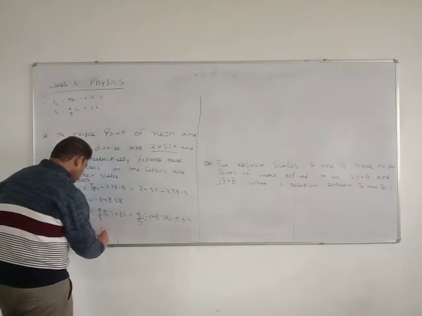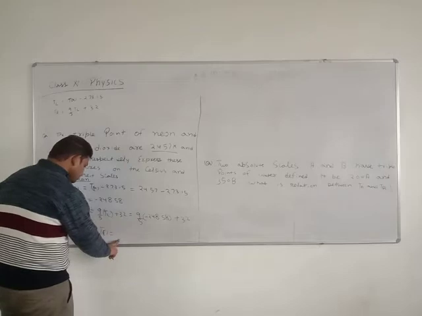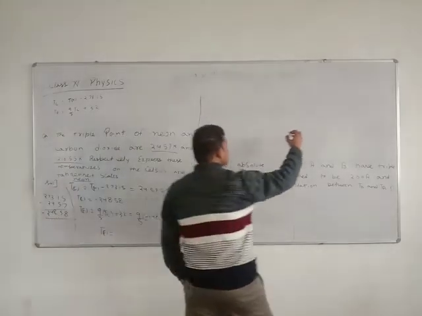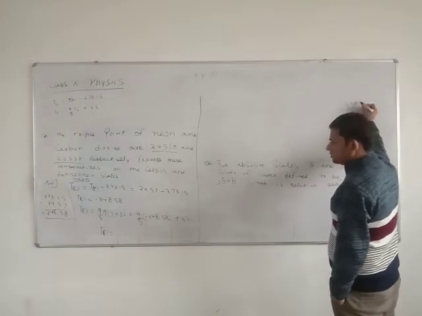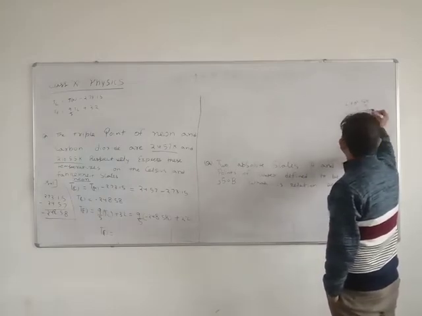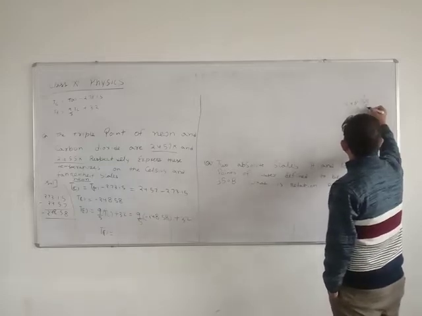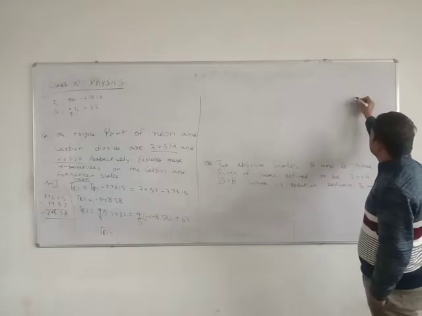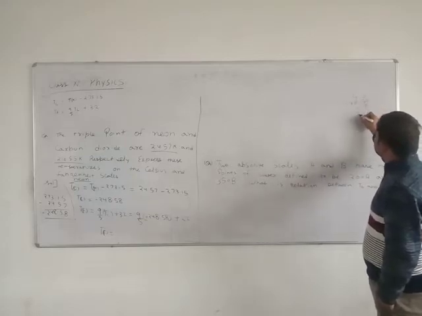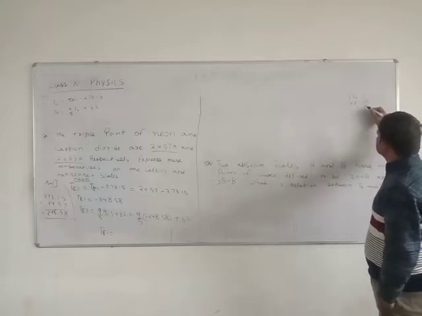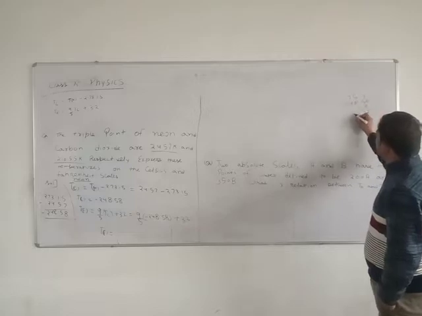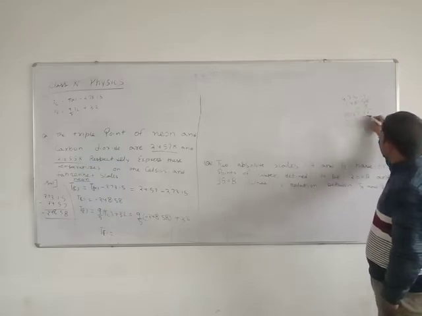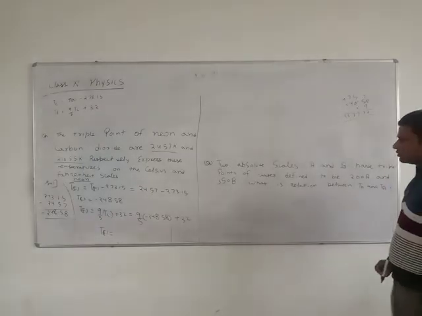First we multiply 248.58 into 9, which gives 2237.22.